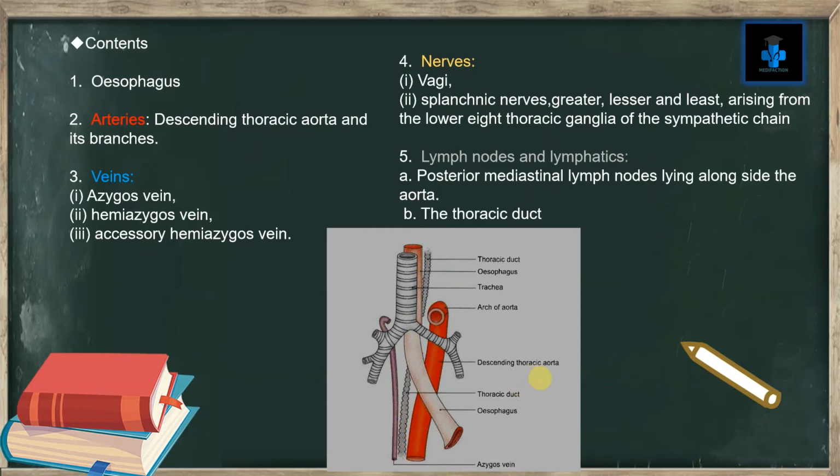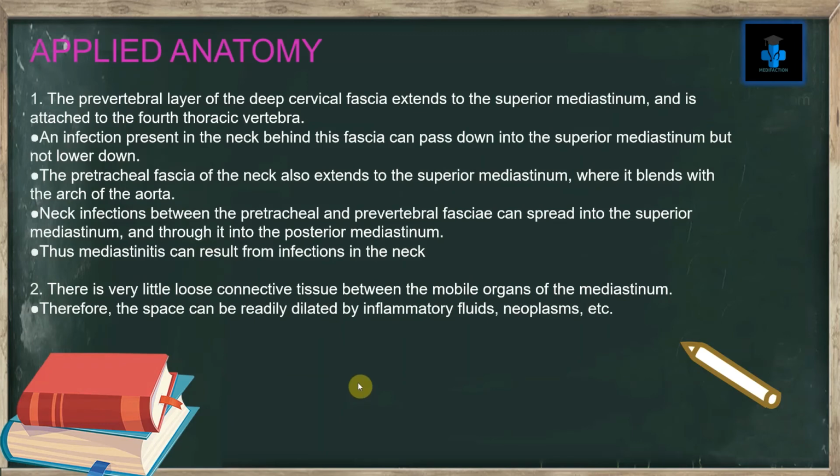In nerves, we have the vagi, the splanchnic nerves, greater, lesser, and least, arising from the lower 8 thoracic ganglia of the sympathetic chain. Lymph nodes and lymphatics. Posterior mediastinal lymph nodes lie alongside the aorta, and also we can see the thoracic duct right here.